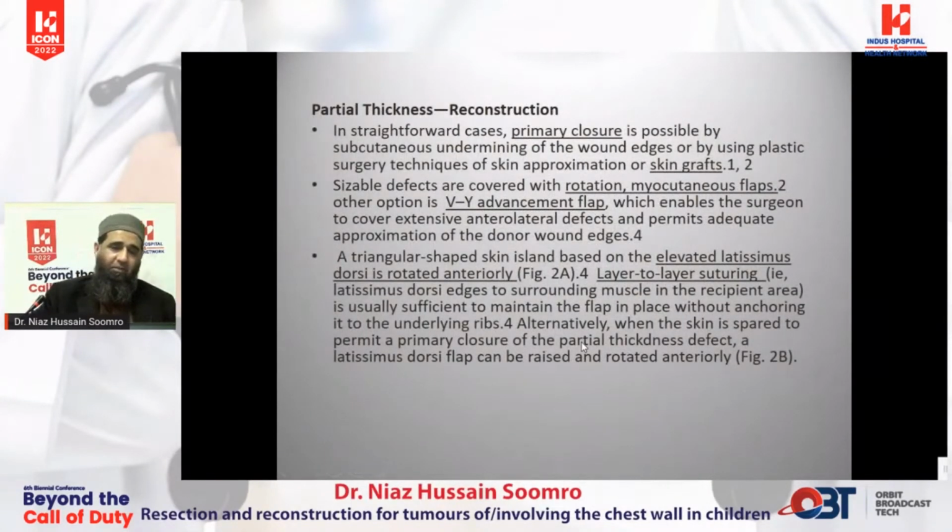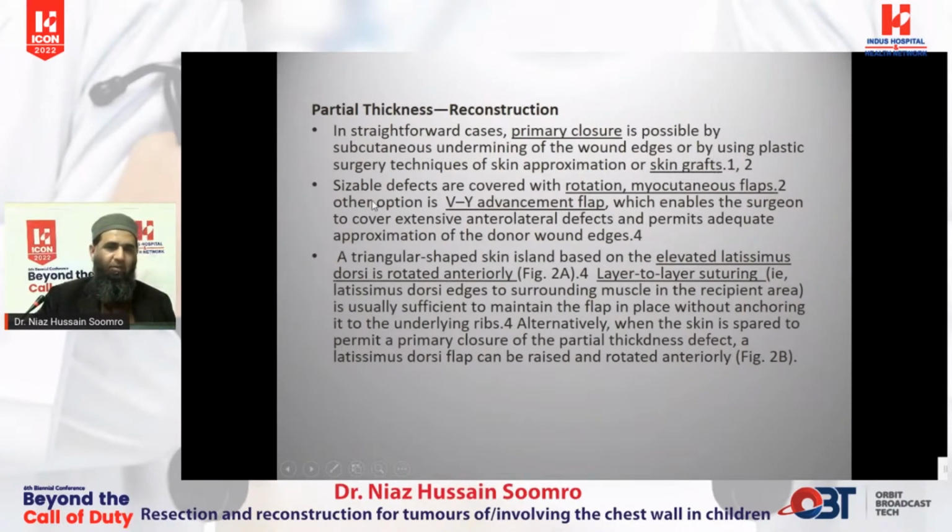The reconstruction in these partial thickness resections, in straightforward cases, is just primary closure by undermining the wound edges. Because just soft tissue is involved, we do not remove the ribs. In these cases you either close it primarily or you may need skin grafts.